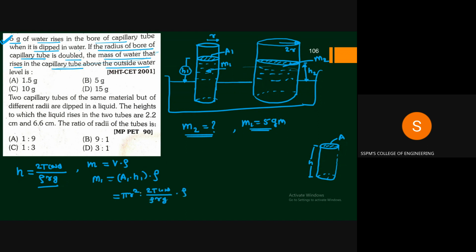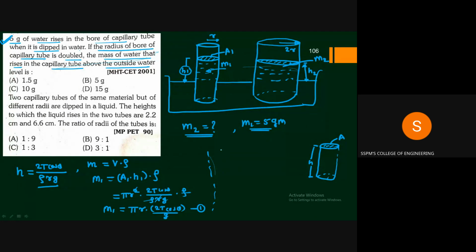So we can cancel out this r with the r square. So what we get as m1 is pi r into 2T cos theta, and we can cancel out this rho. So the remaining value is g. So consider this as equation 1.